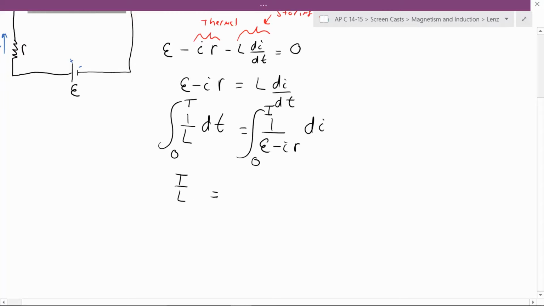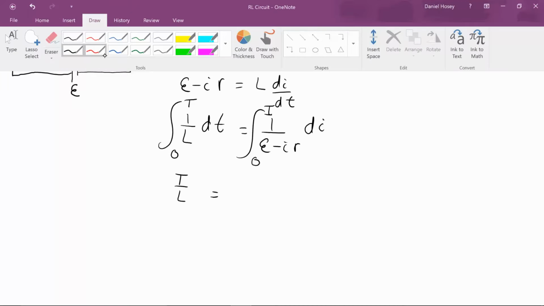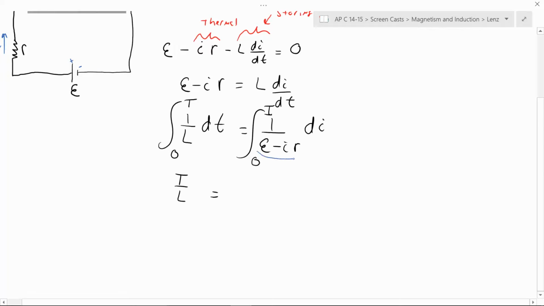Now, on this side, I'm going to say, huh, that looks kind of familiar, but not exactly. I'm going to call this U. So U equals E minus IR. Well, that's not an I, that's an I. dU is going to be negative R dI.